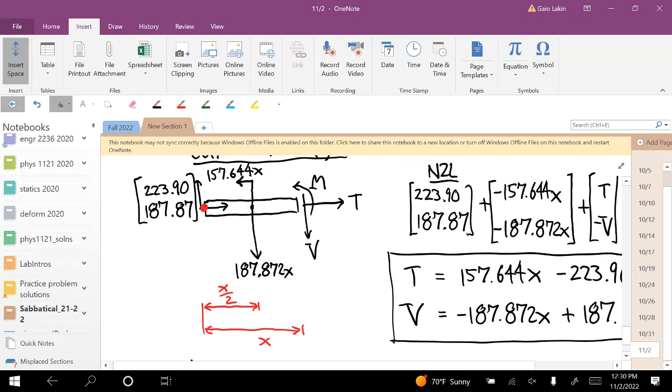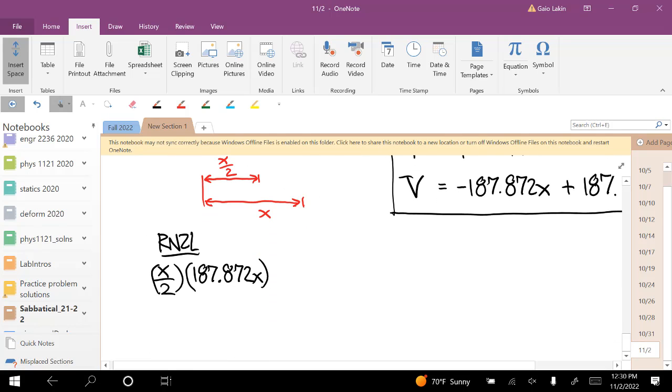And is that clockwise or counterclockwise? Clockwise, so negative, and then plus m minus vx is equal to 0.